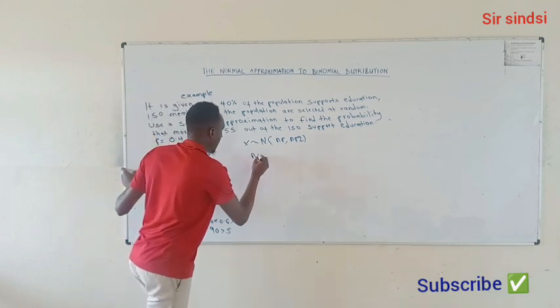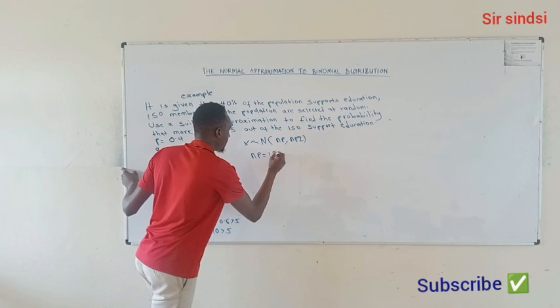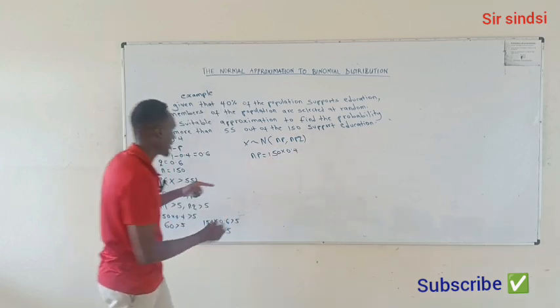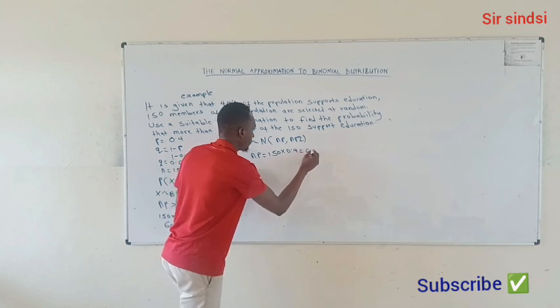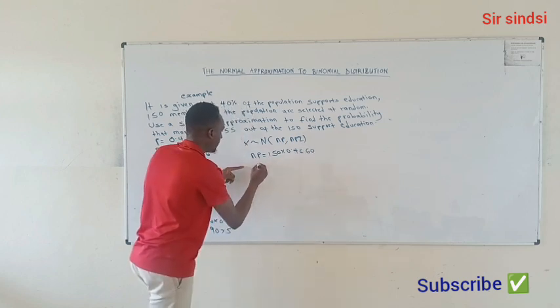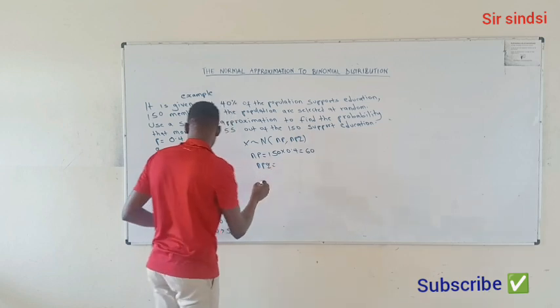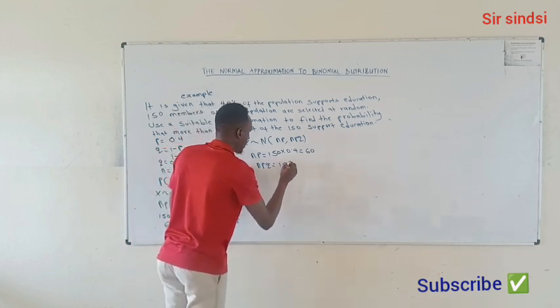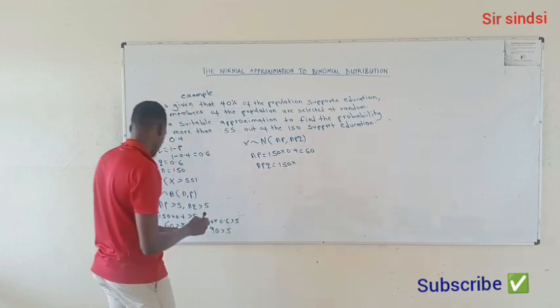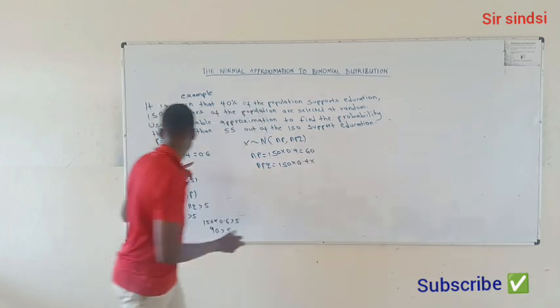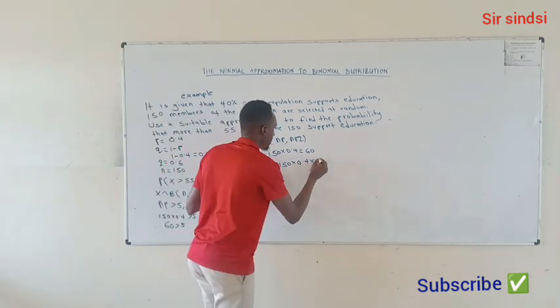We realize that NP is 150 times 0.4, which is 60, and NPQ is N, 150, times P, 0.4, times Q, 0.6.